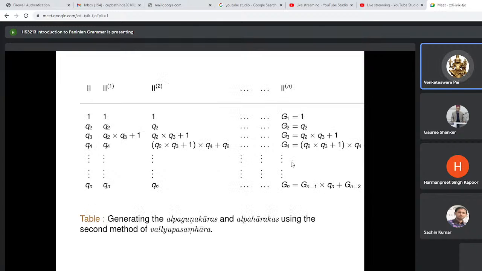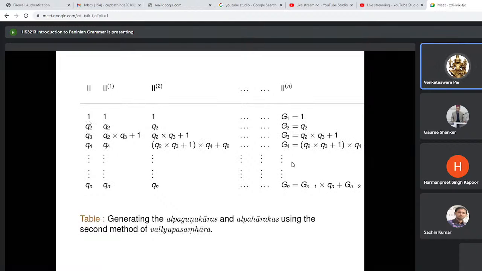And similarly, you have to do the same procedure in the case of obtaining the gunakaras, successive multipliers. Only the difference is you have to place one above the quotients as done before, but one should not consider the first quotient.